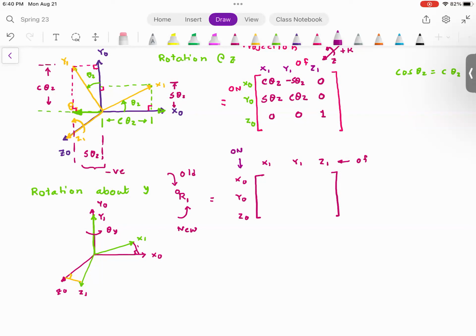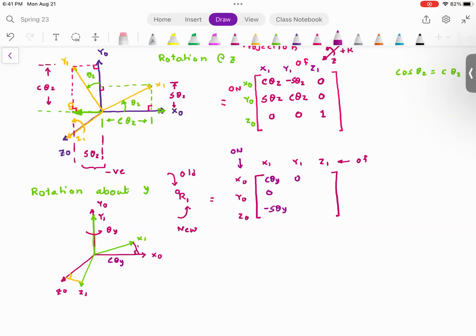So if you look at x1, this is going to be cosine theta y. X1 onto y1 is 0. X1 onto z1, that is going to be minus sine theta y.